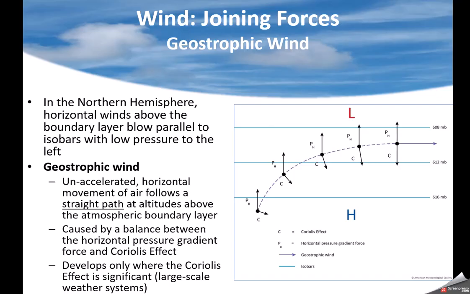But as the air parcel is moving, it is being pulled to the right by the Coriolis effect. And eventually, it reaches equilibrium where the pressure gradient and the Coriolis effect are the same. They balance each other out, and the air parcel will just move in a parallel line straight along between the contours. That is called the geostrophic wind. It's the simplest wind you can get. Two forces in balance moving the wind along. Basically a straight line wind.